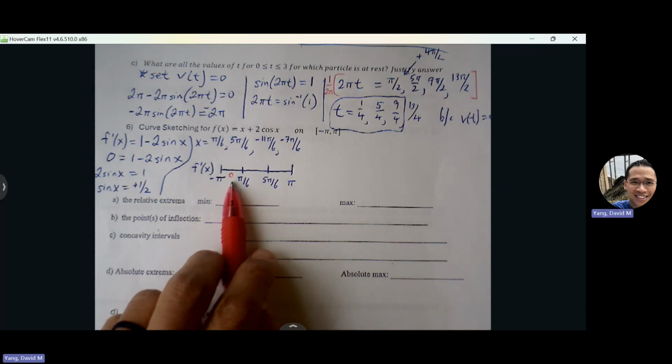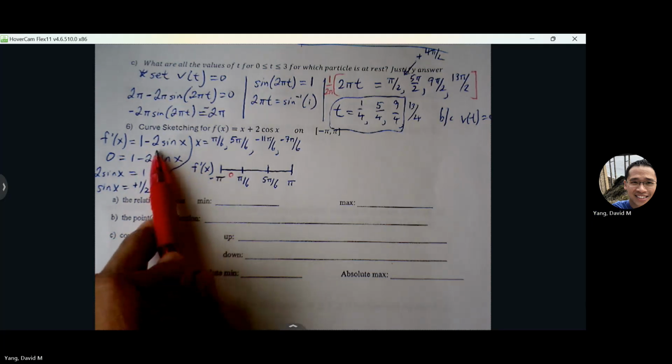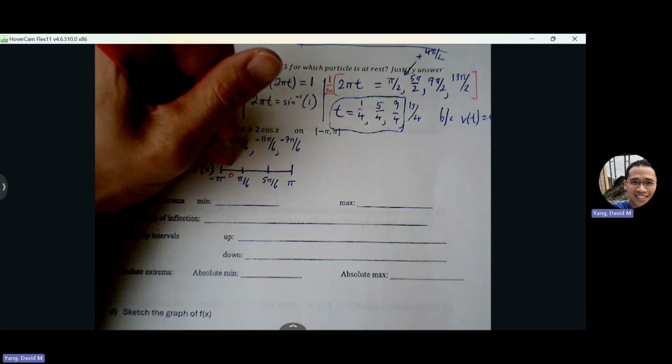Find an easy test point, 0, into the derivative. 2 sine of 0 is 0, 1 positive.